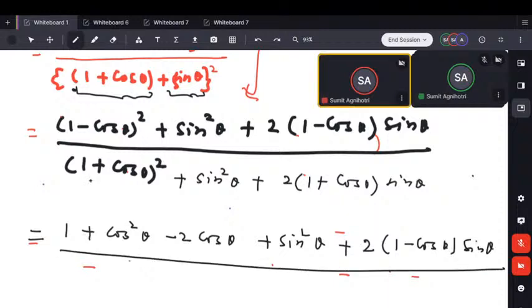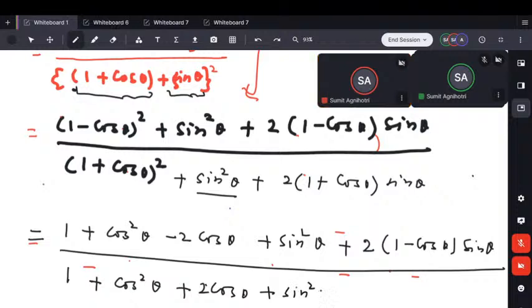Similarly, in your denominator part, x square plus y square plus 2xy, then this sine square theta is here, then 2 times 1 plus cos theta times sin theta is here.